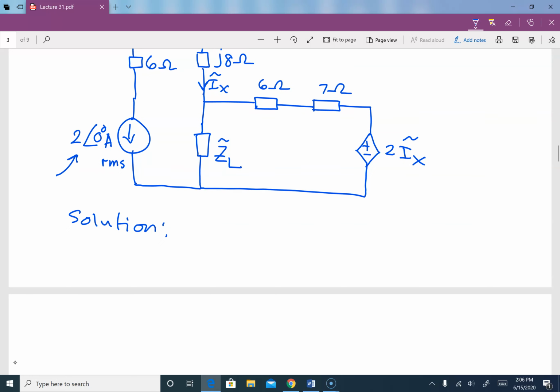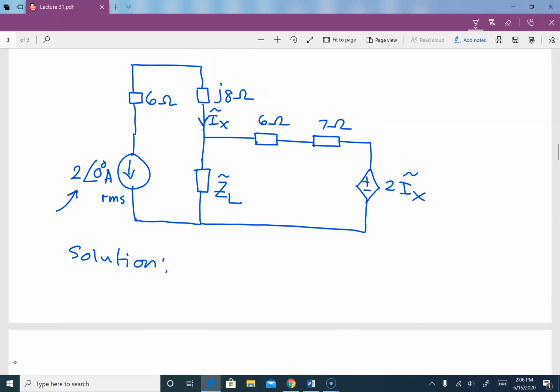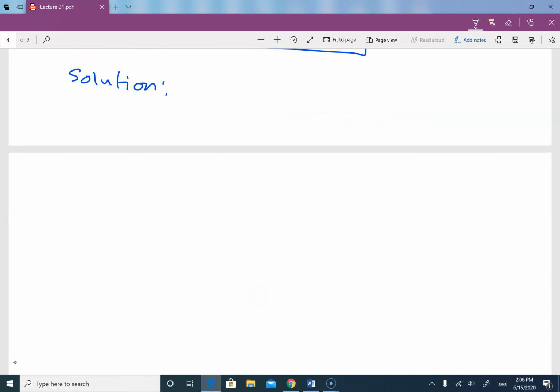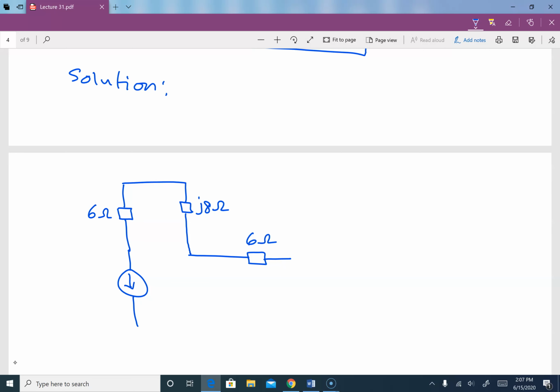So solution over here, we need to open the ZL. So that is the first step. So our circuit will look like this. That is 6 ohm, J8, this is 6 ohm, this is 2 with angle 0 ampere RMS.